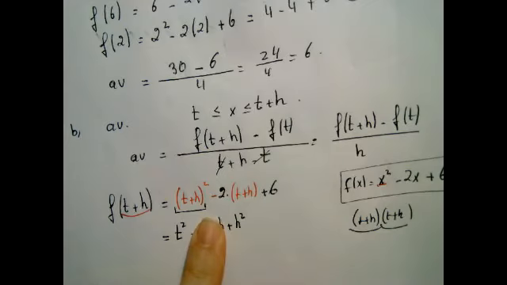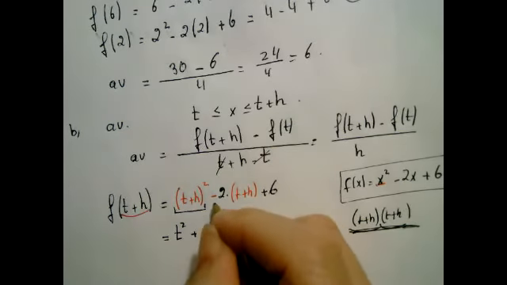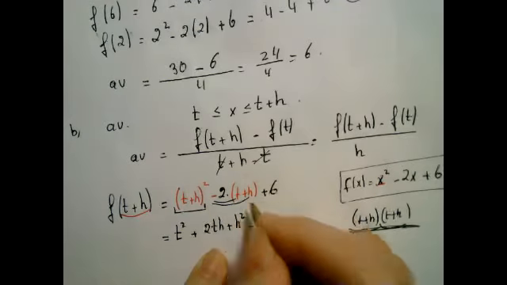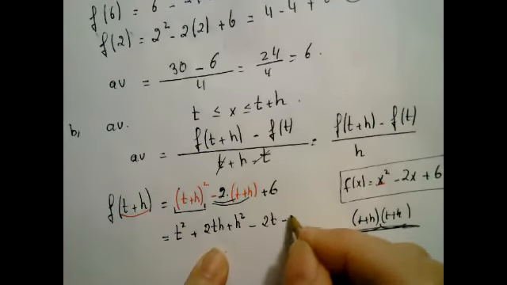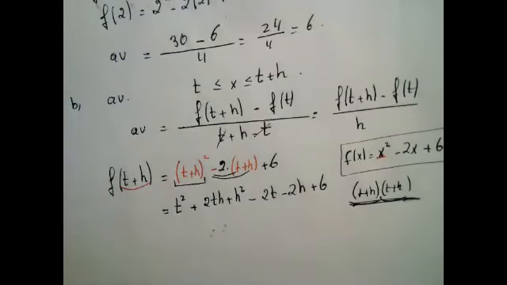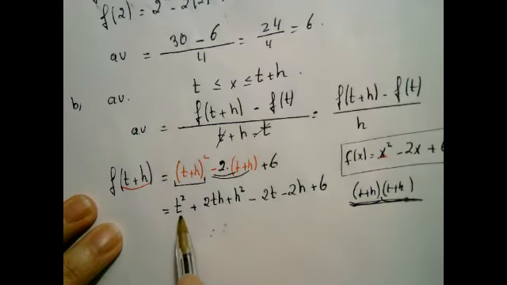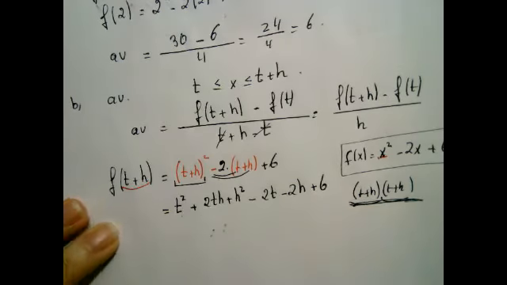You don't distribute the two. You have to multiply like this. And then now you have to distribute this minus 2. So that's minus 2t minus 2h plus 6. So then we collect like terms if there are any. And there are no like terms. There is nothing really to combine. So that's the f of t plus h.